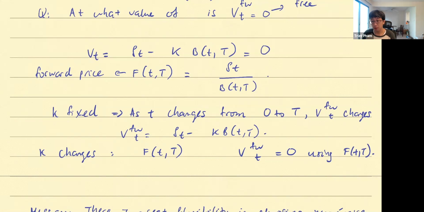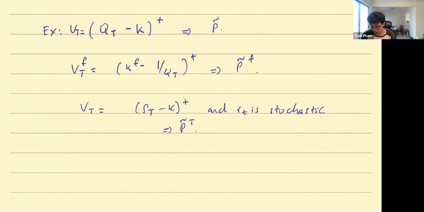So it's not too surprising that when you want to lock in the interest rate, you don't want to deal with interest rate, you use the bond as a mechanism. Any question? Okay.